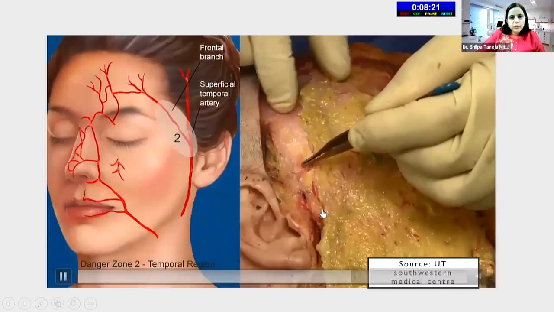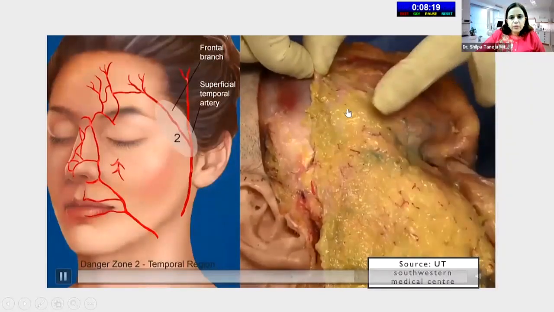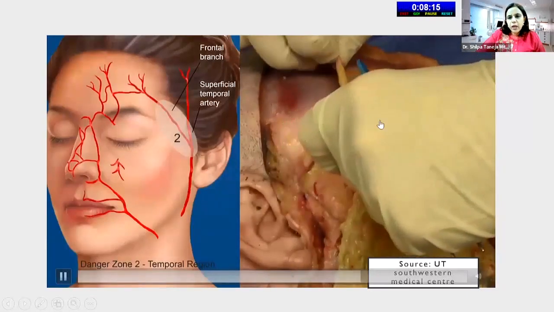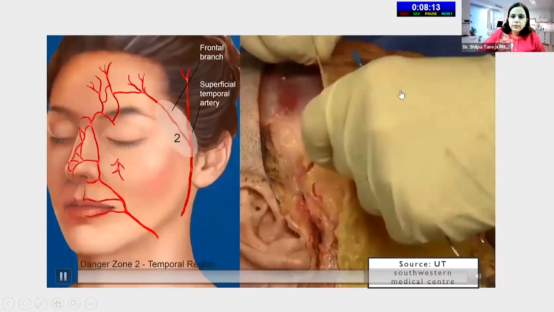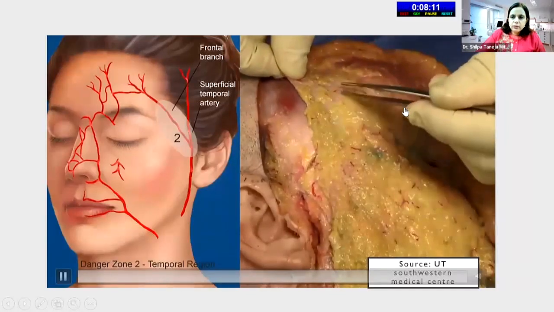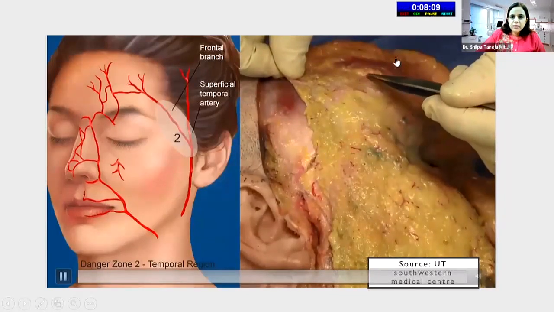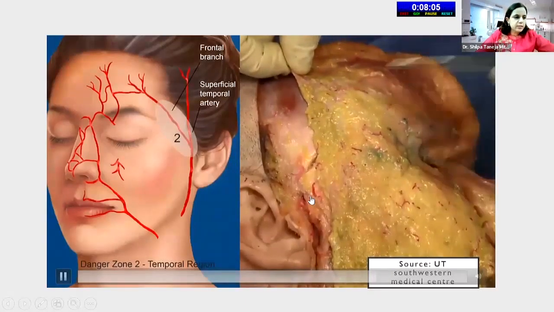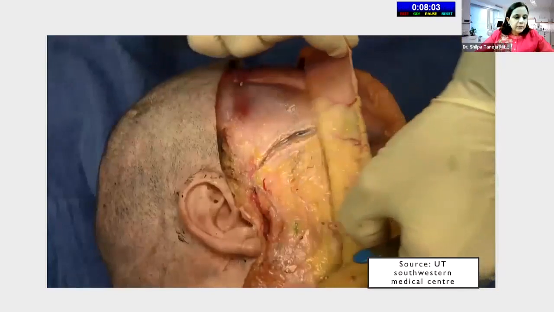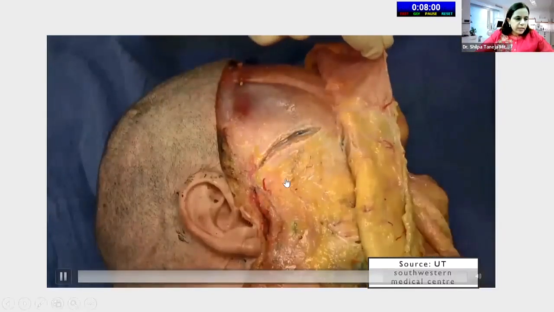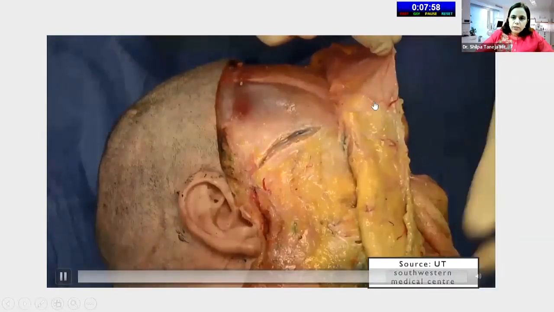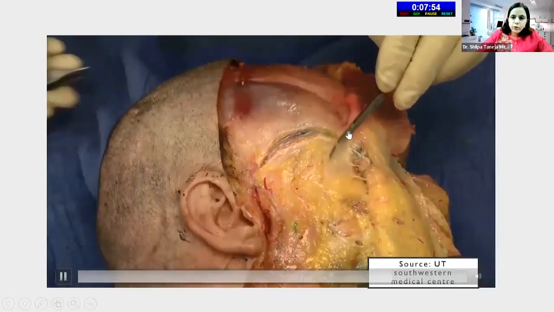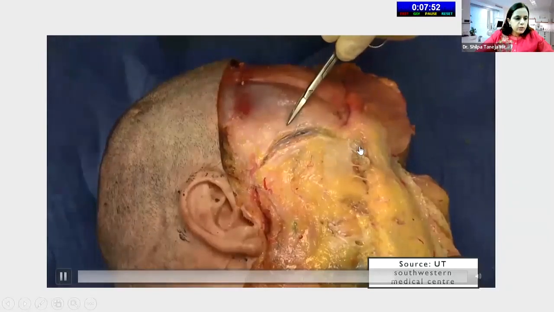The superficial temporal artery becomes really superficial and lies 1 finger breadth above this brow area, and thus while injecting we should take care of injecting fillers in this area. The frontal branch of the temporal artery anastomoses with supraorbital and supratrochlear vessels here, and retrograde flow here can cause loss of vision.